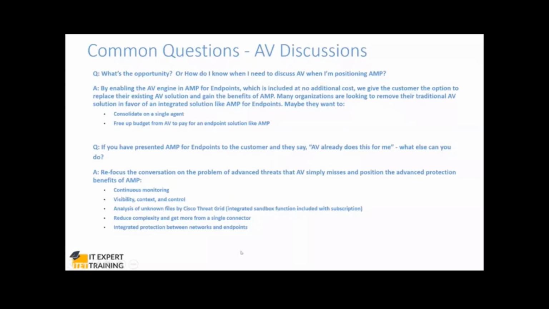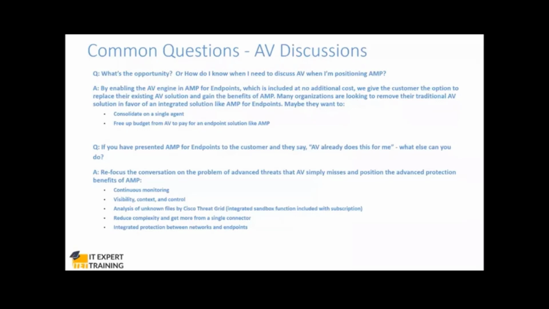And analysis of unknown files, sandboxing, we can say, to Cisco Threat Grid, happens immediately. Reduce the complexity and get more from a single connector. You don't need to have antivirus for the other protection and AMP for the malware protection. You can have this one single bundle which protects the entire endpoint.